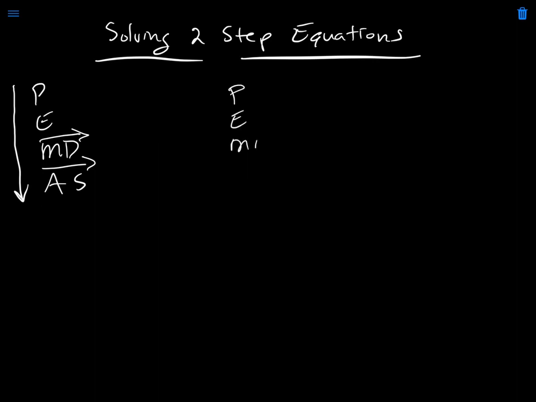The best way to undo all of that is to start from the bottom and go up. So we're actually going to be adding or subtracting first, then multiplying or dividing next. That is the order of operations.